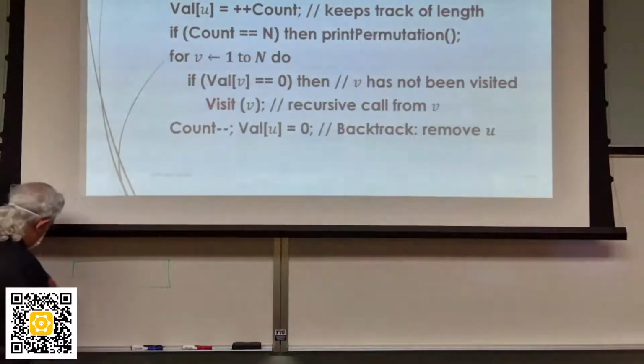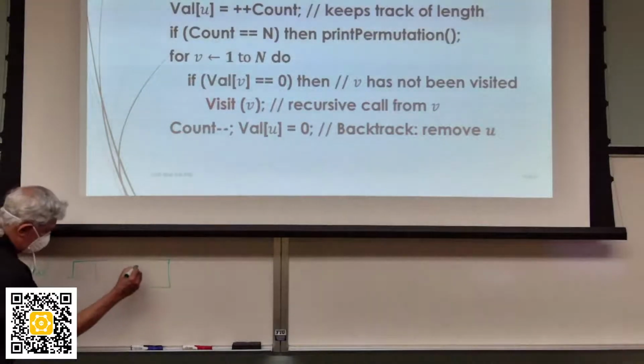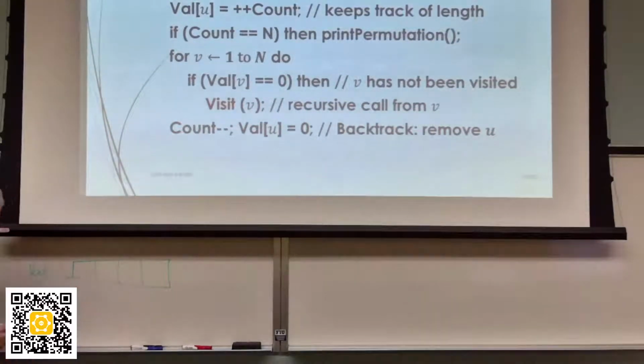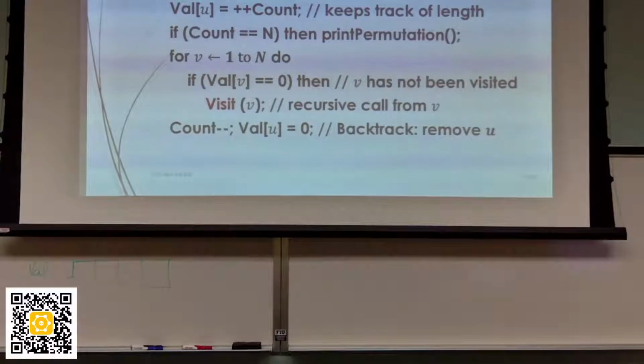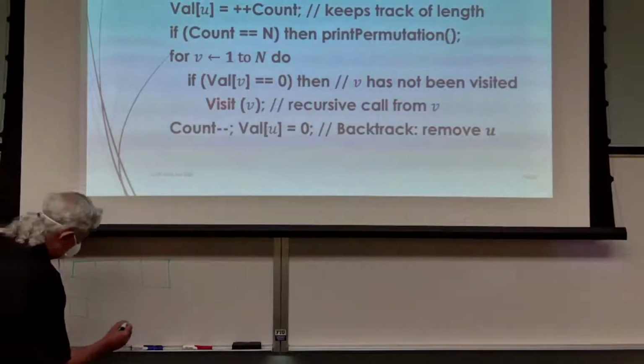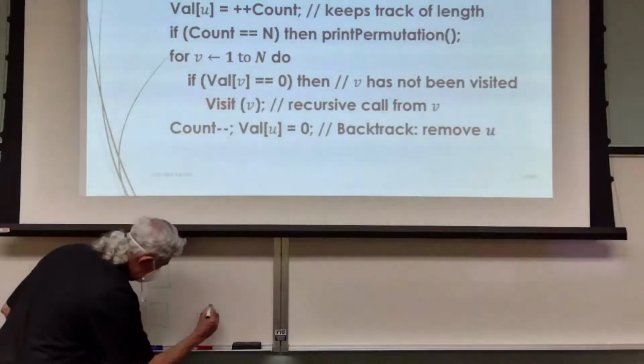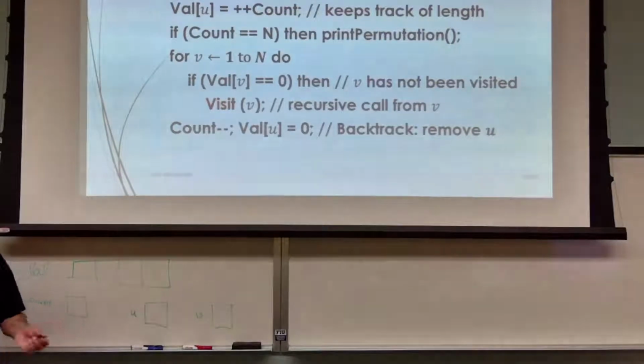So here's my val array. And let's go with n equals 4, something simple and small. And we're going to have a variable called count. Those, well, you need u and v. These are your variables.